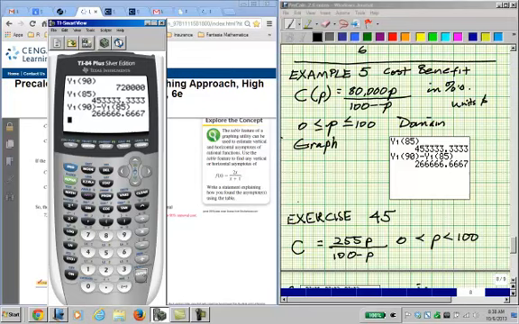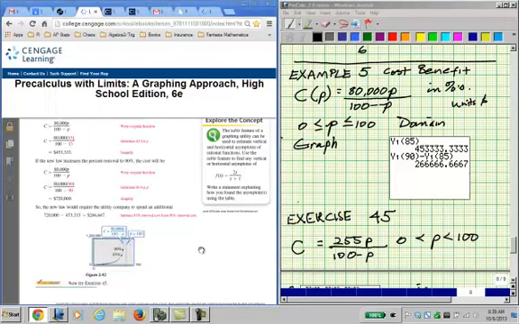So you can actually use the function and put in an x value. So this is effectively f of 90 minus f of 85, and I get the difference between the two costs. So it costs $266,000, or let's call it $267,000, to increase from 85 to 90%. So that's a lot.